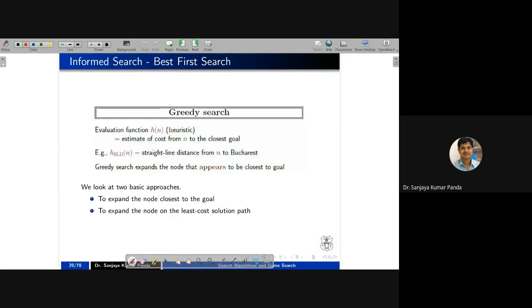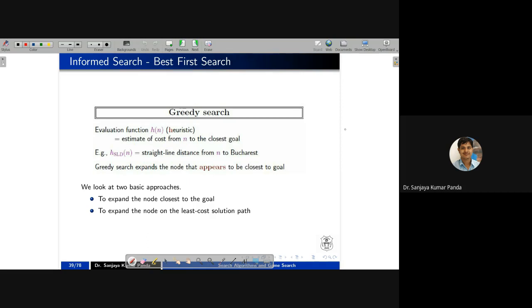Now come to the greedy search. Let us consider the evaluation function is h of n. We have to estimate the cost from n to the closest goal, right?